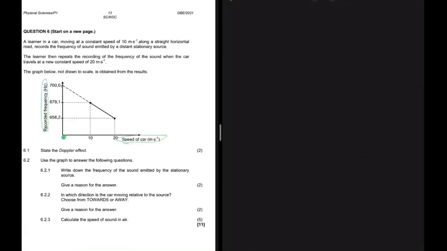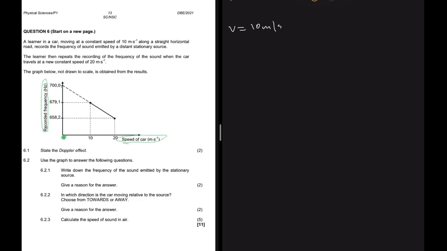A learner in a car moving at a constant speed of 10 meters per second, so we have V equals 10 meters per second, along a straight horizontal road, records the frequency of sound emitted by a distant stationary source. So the source in this instance is stationary and the listener is the one in motion, right?